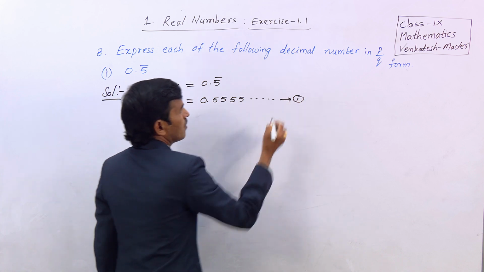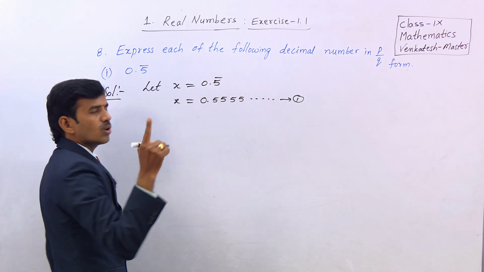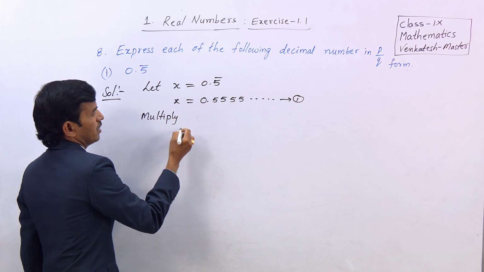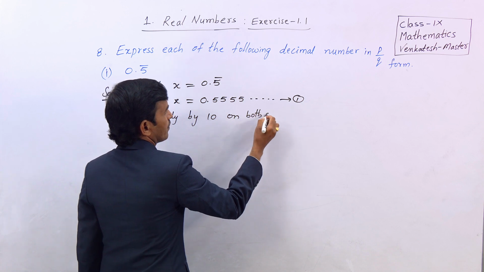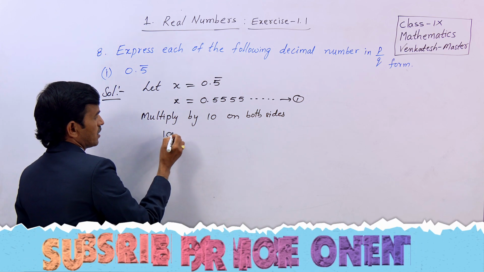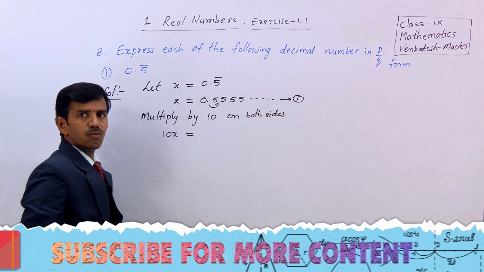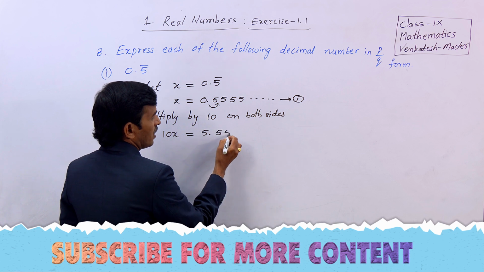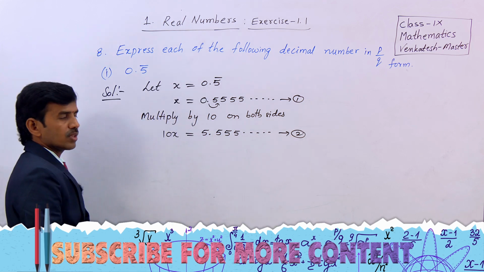Let it be equation number 1. Now as the number of digits repeating is only 1, we should multiply equation number 1 by 10 on both sides. Then 10 into x is 10x, which is equal to, when you multiply with 10, the decimal point moves 1 digit towards the right side, then it becomes 5.555 and so on. Let it be equation number 2.